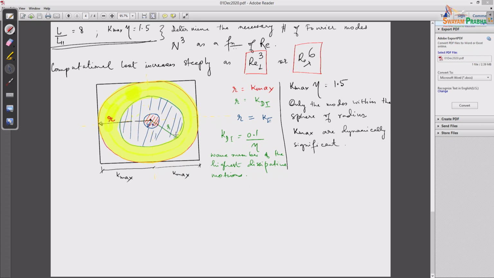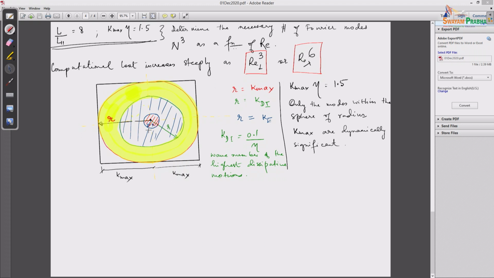radius which is shown in green, which is k di, the limit of the dissipative range. The one marked with yellow is the shell in which most of the dissipative motions are available, and the shaded region with blue is the region where one has the inertial subrange.